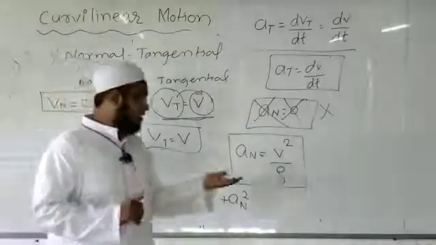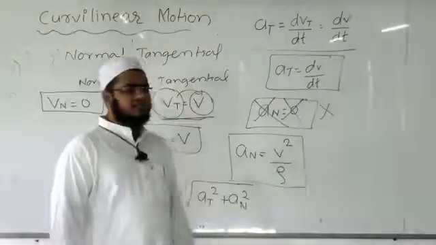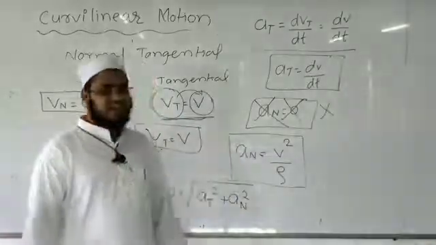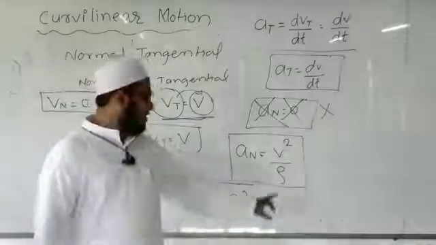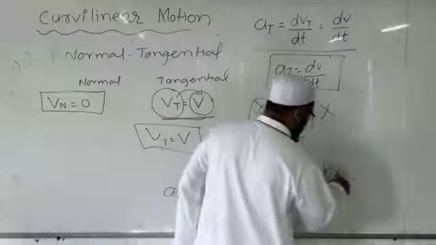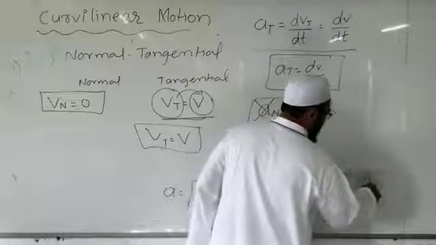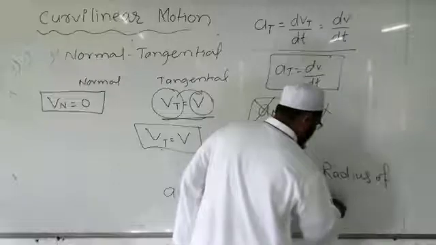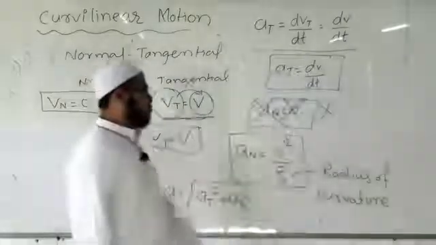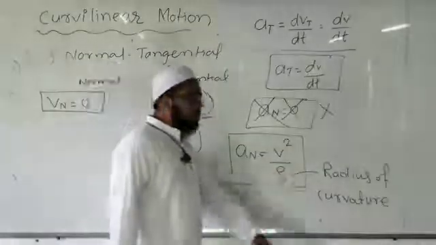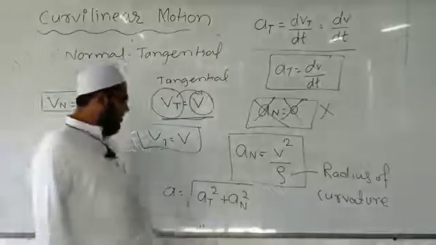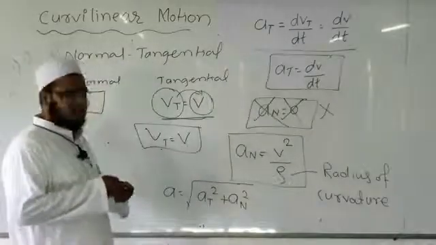But when the radius is required, or we have to use the value of the radius, then you can use the formula An equal to v square by rho, where rho is the radius of curvature. You can use r, but to avoid confusion, I am using the same notation as many books. An equal to v square by rho, and total acceleration A equal to the square root of At square plus An square.